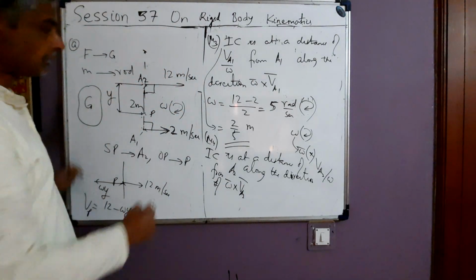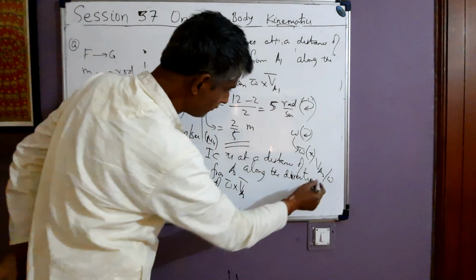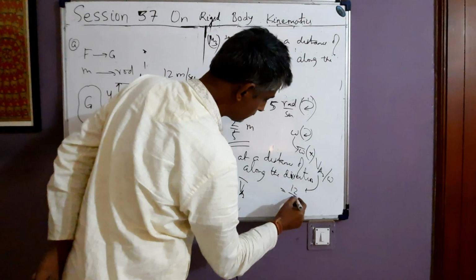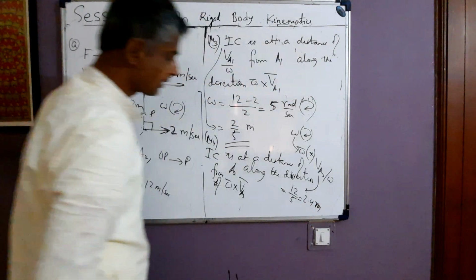Okay. Now what is omega? Omega is 5 radian per second. So VA2 by omega is how much? VA2 is 12. 12 by 5, that is 2.4 meter.